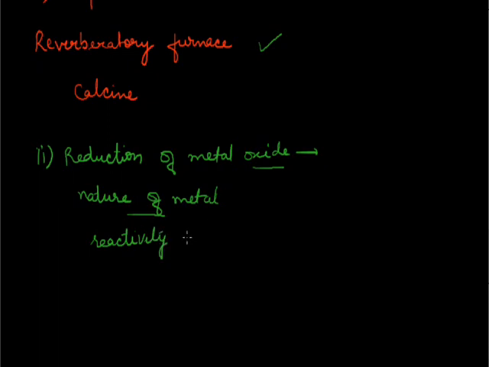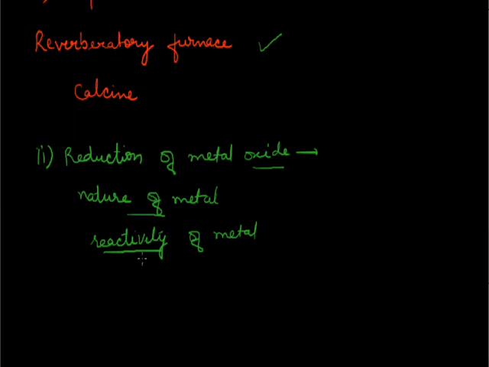So it is basically the reactivity of metal based on which we will choose one method out of the several available. Now talking about reactivity of metal, we have already studied the reactivity series. Metals are placed in the reactivity series in the decreasing order of reactivity. So the metal placed at the top will be most reactive, the one placed at the bottom will be less reactive or least reactive.